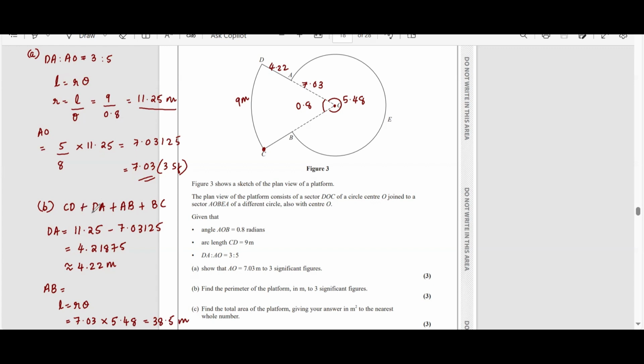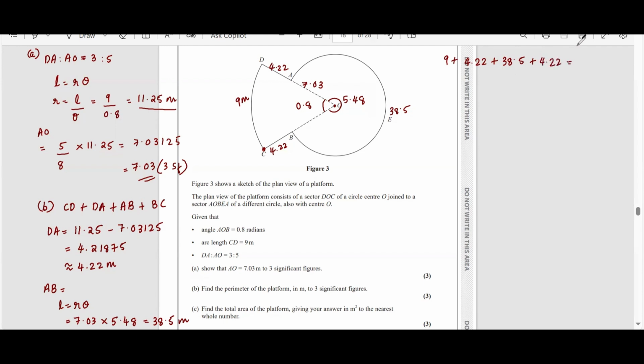So we have CD, we have DA, we have AB, and BC. You know, BC is the same as AD itself. So BC is also 4.22. And AB we got as 38.5. Therefore, the perimeter will be CD 9 plus DA 4.22 plus AB 38.5 plus BC again 4.22.